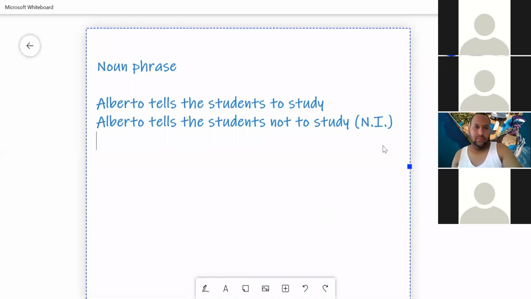Oh, okay, Andy, yes. I think that you need to change, like when you say Alberto told the student not to study. Okay, but are you changing the tense or are you changing the structure? Because one thing is changing the tense, the time, but the other is the structure.